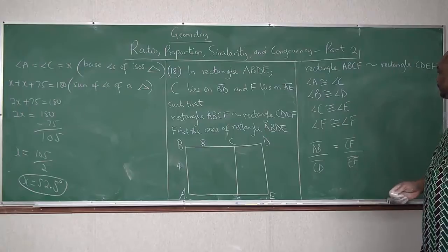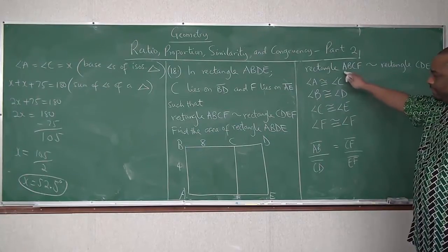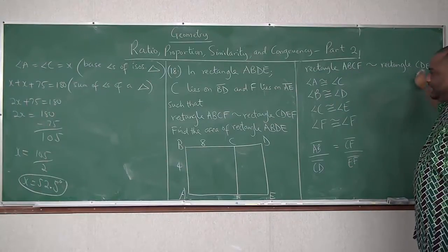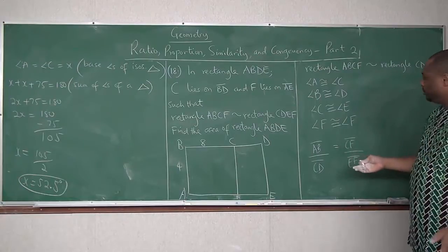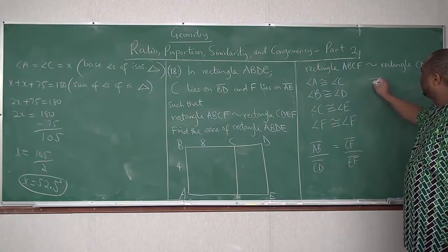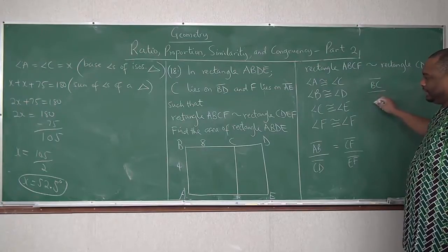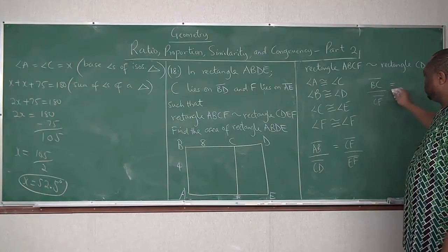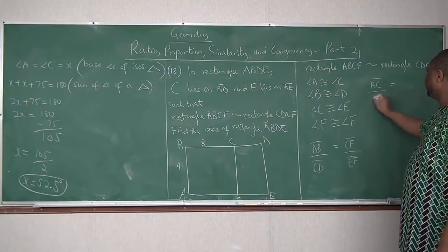Okay? Then you can also have BC and DE. So another proportion is line segment BC over line segment DE.